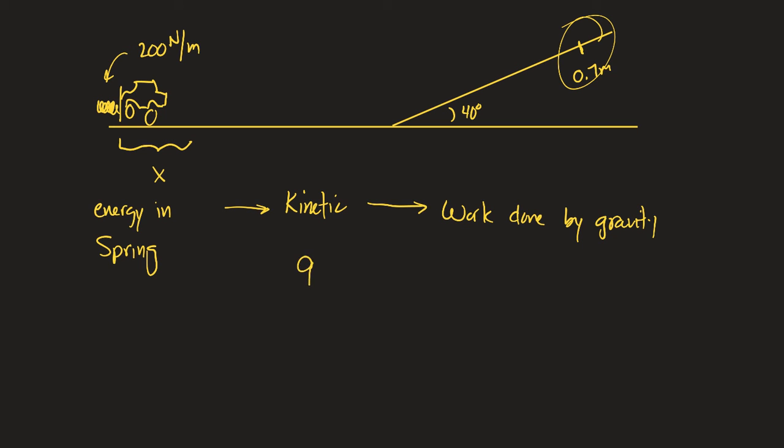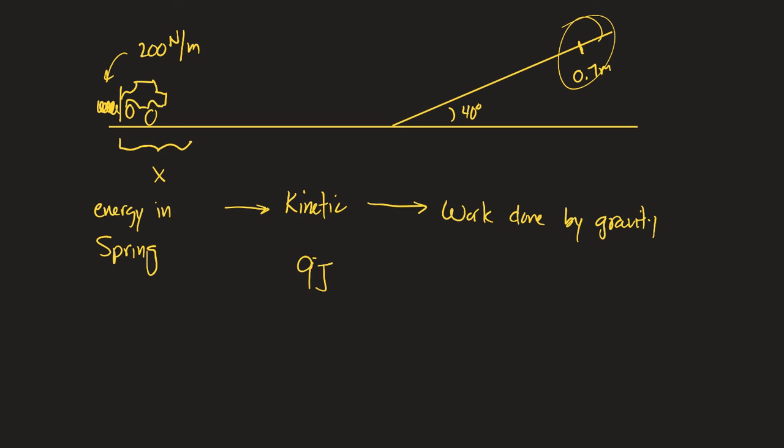The car had 9 joules. I don't have to worry about this part of the problem. I know that if I can give the car 9 joules, it's going to go 0.7 meters up the ramp. So I don't really have to make a comparison with how far up the ramp the car is going to go. I can make my comparison with how fast or how much kinetic energy the car had.